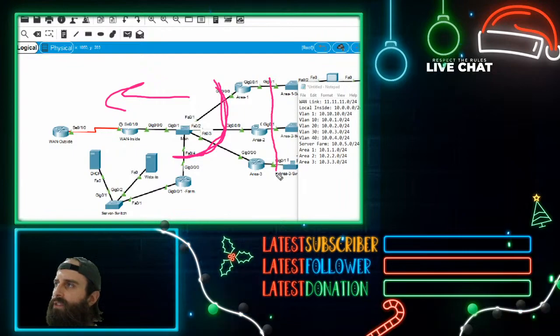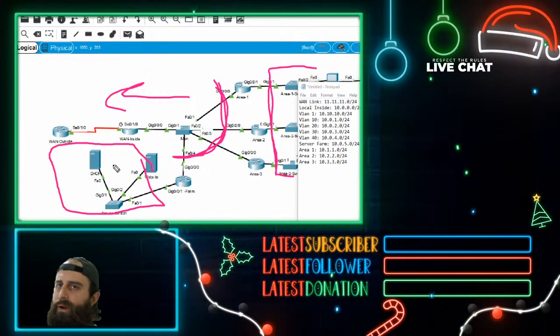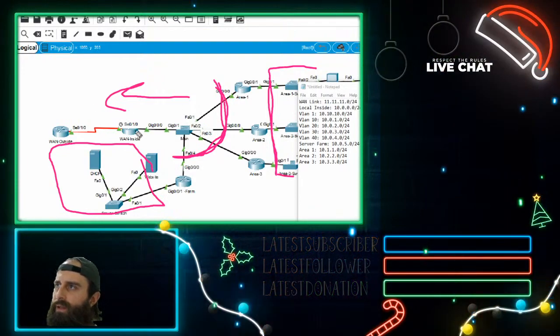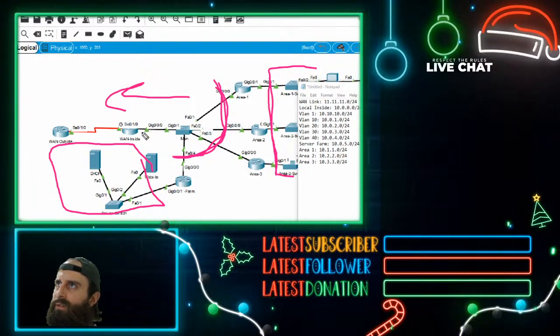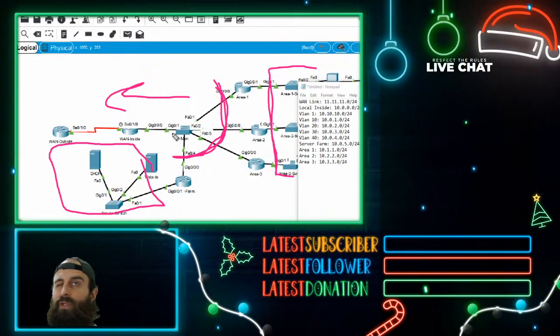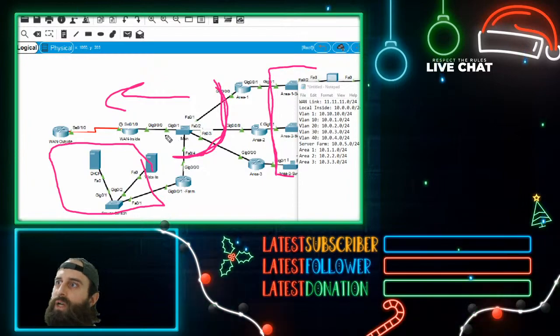This right here is our local inside. Okay, local inside, and then this is local inside. So local inside, local outside. And then this interface would still be considered local outside as well.